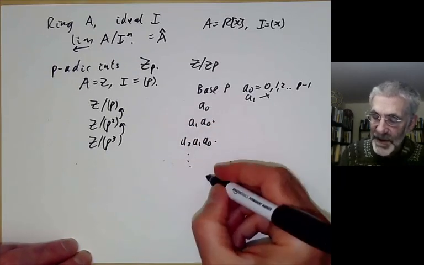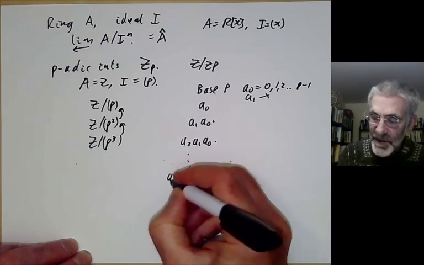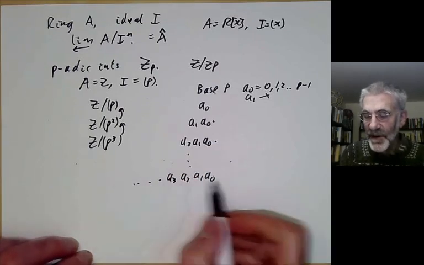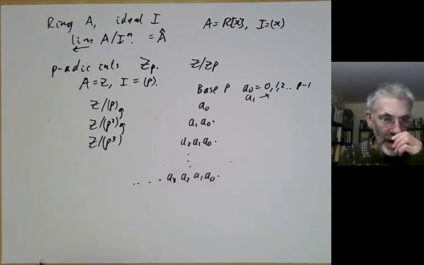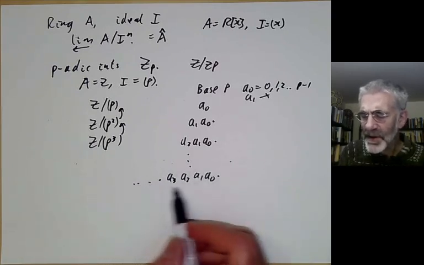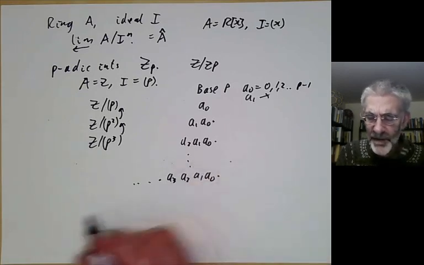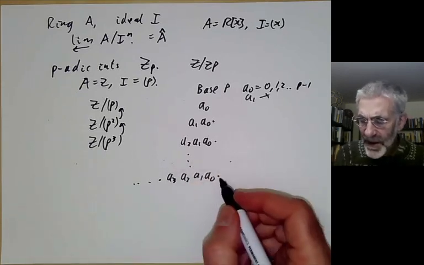And if we extend this, we find we get an integer written in base p, except it's not an integer because it goes off infinitely far to the left. And if you think about it a bit, you'll realise that you can add and multiply things like this just using the usual rules of arithmetic, and everything makes sense. So it's a bit like real numbers.